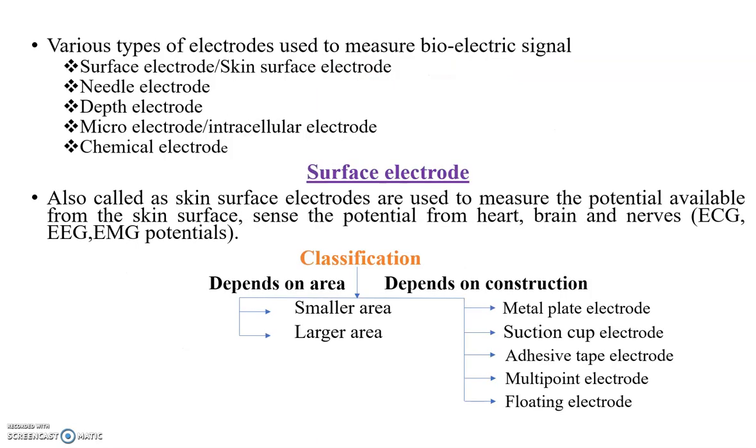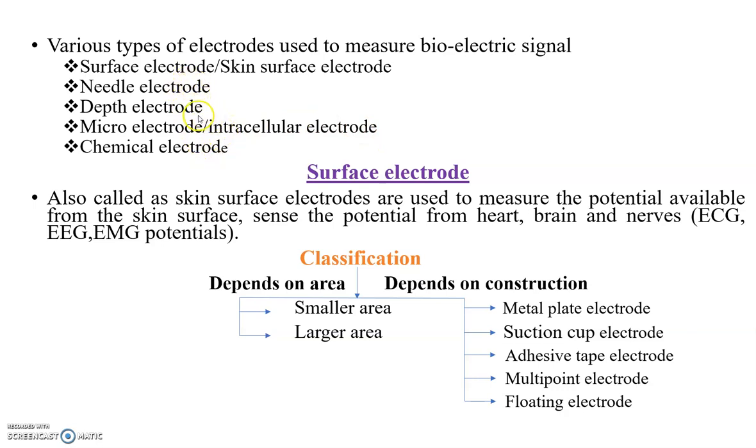Next, the various types of electrodes used to measure bioelectric signals, which are generally used for medical applications. A wide variety of electrodes can be used: surface electrodes, otherwise known as skin surface electrodes, needle electrode, depth electrode, microelectrode, also called intracellular electrode, and chemical electrode.